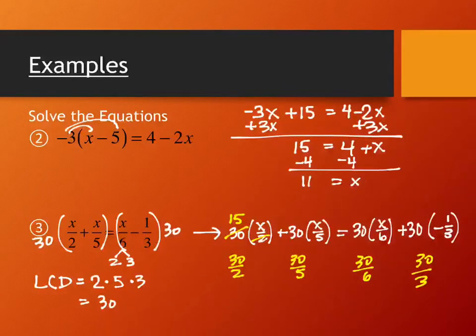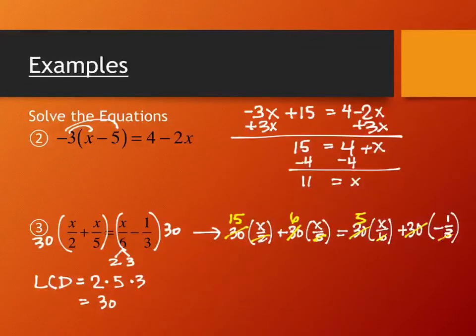Okay, so we're going to do all of the last, well, there's 4 more. So if I have 30 divided by 5, I will get 6. Or you could say each of them divided by 5 gives me a 6 and a 1 if you prefer like that. 30 divided by 6 will give me 5.